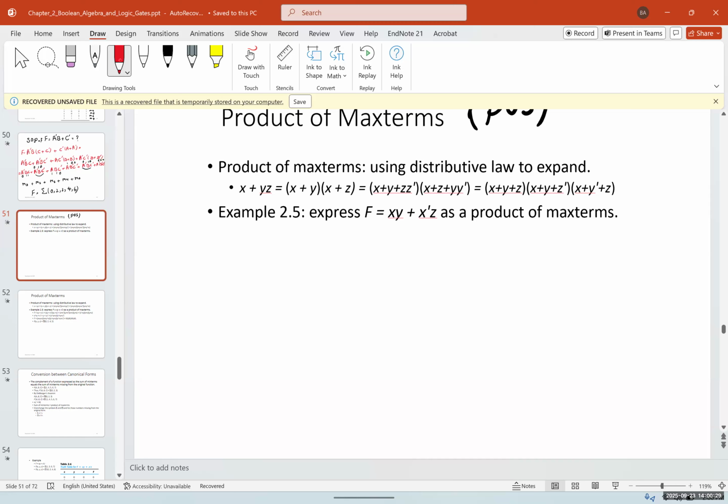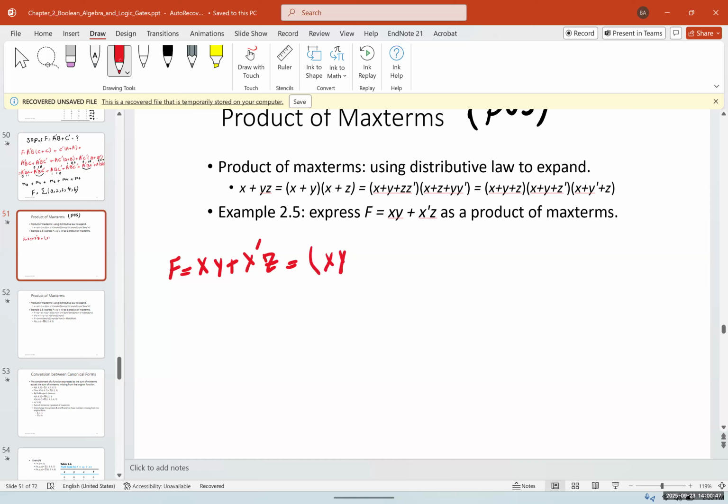So F would be equal to xy plus x prime z, which I can write like this.